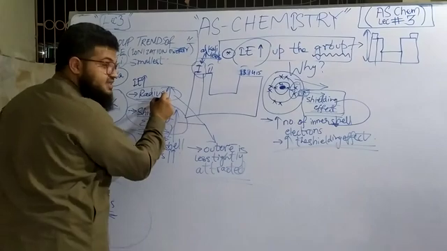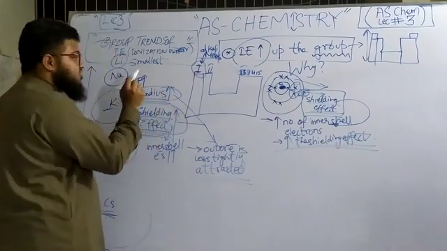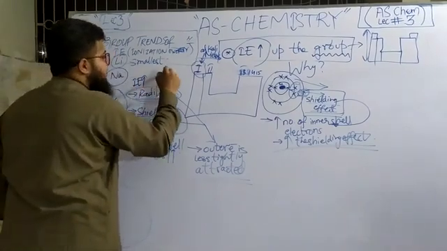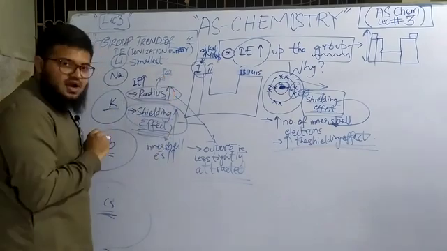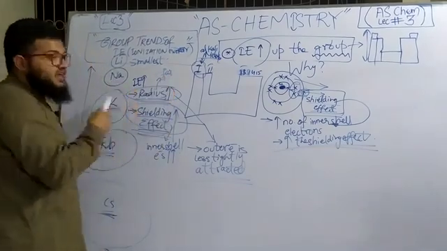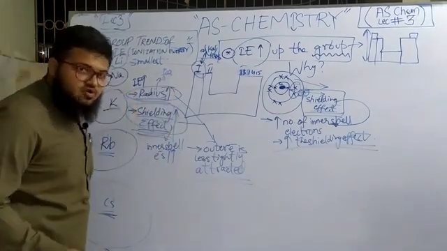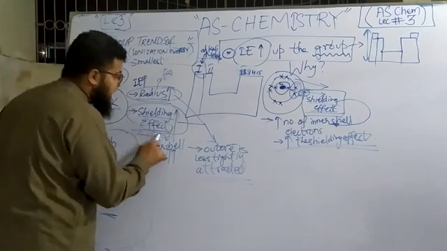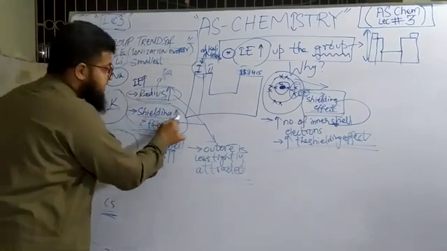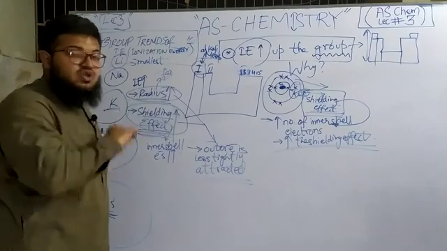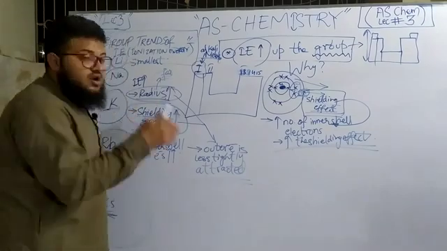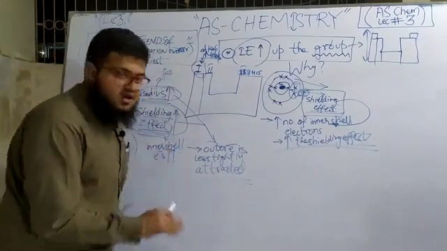Because if the radius is high, the outer shell electron is far away from the nucleus. It gradually goes farther and farther away. And if the shielding effect is high, then obviously the nuclear attraction on the outer electron is going to become progressively weaker and weaker, right?